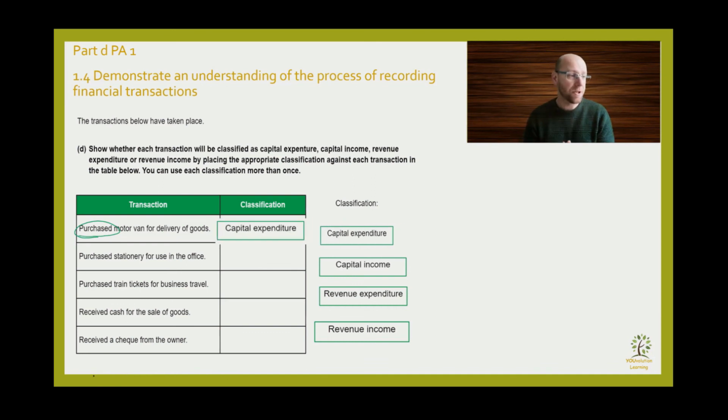Okay, so the next transaction says purchased stationery for the use in the office. Again, we know it's expenditure because it's told us it's purchased, so that's the easy bit. That's where the question gives us the answer. Now again, is this capital or revenue? When we're purchasing stationery for use in the office, think about your office. How often do you purchase paper, ink for the printers?